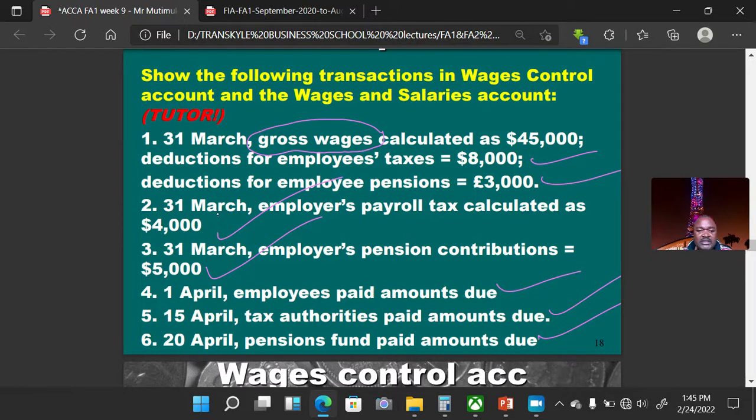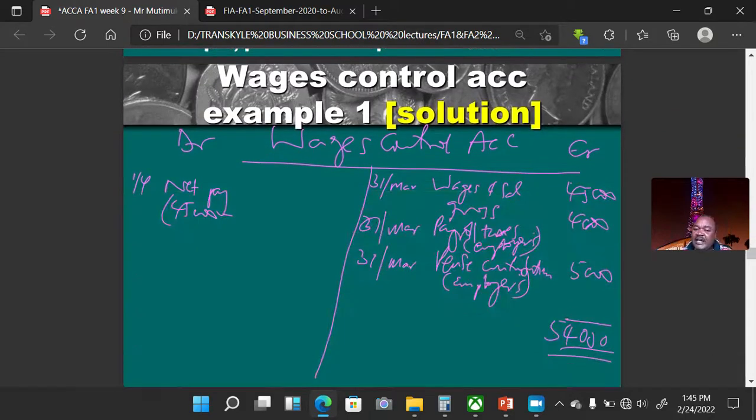These ones are for the employers, because I said that this side will include both the employer and the employee. This side is just gross and the employer. This side is net pay and then both the employer and employees. So let's start with the tax deductions.